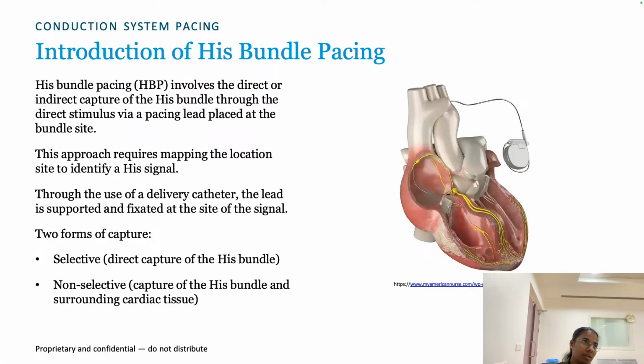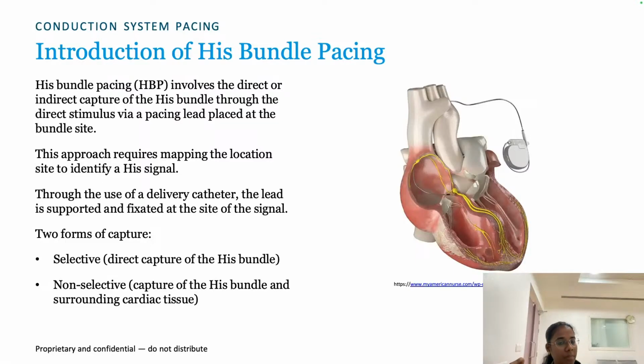In the past we had two kinds of pacing, His bundle pacing and left bundle pacing. His bundle pacing is a very short targeted area and we might end up screwing into the septal wall of the RV or LV septal wall. The disadvantage of His bundle pacing is that we can only do it with an EP setup, where we can map the His bundle, get the amplitude, and pace it.